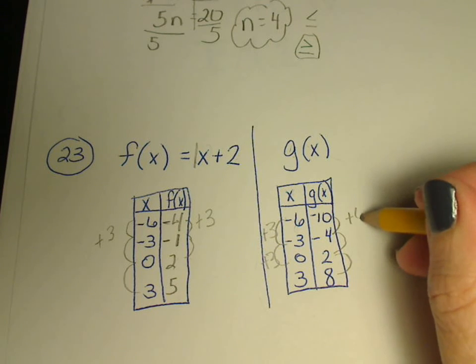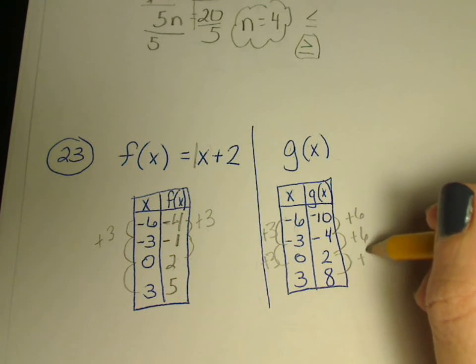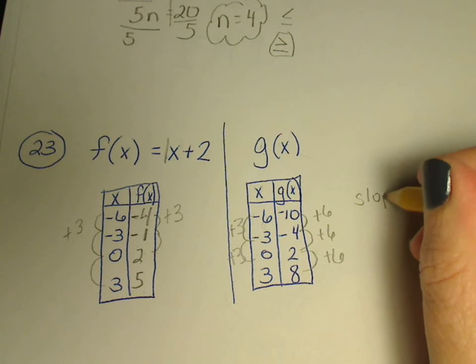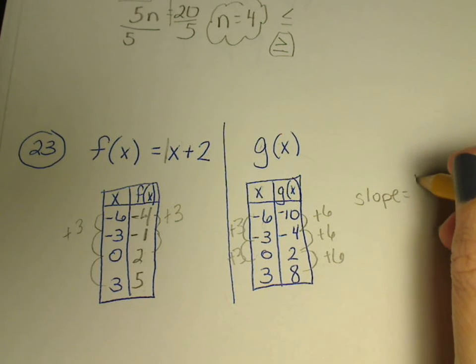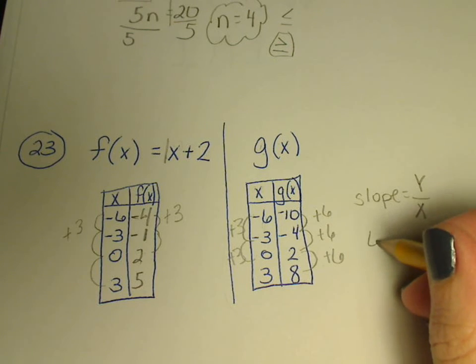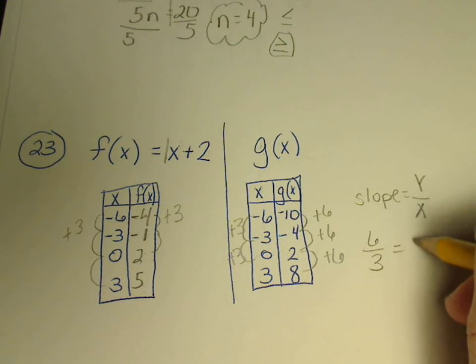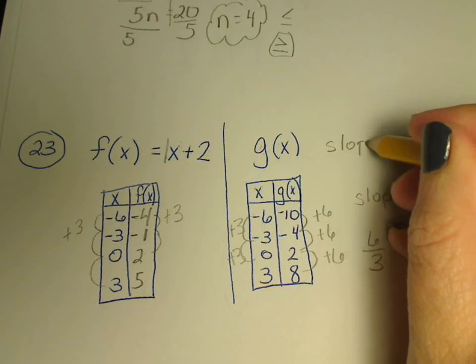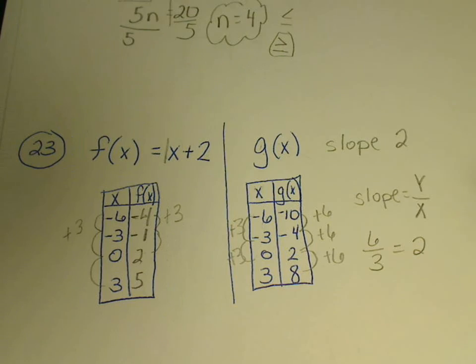Good, it's going up by 6. Remember, slope is the change in y over x. So it's going to be 6 over 3, which means this one has a slope of 2. So the statement that says the slope of f is less than the slope of g, that's a correct answer.